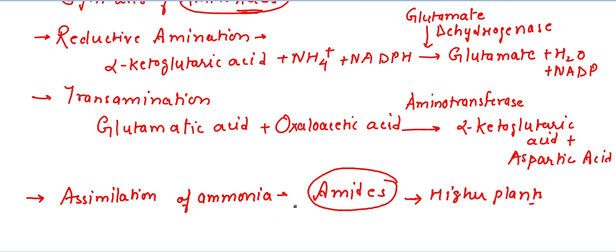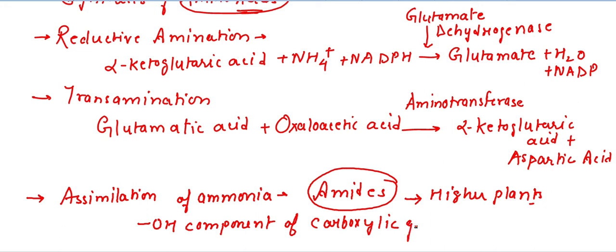What are amides? They are the derivatives of amino acids in which the OH component of the carboxylic group is replaced by the amino group.